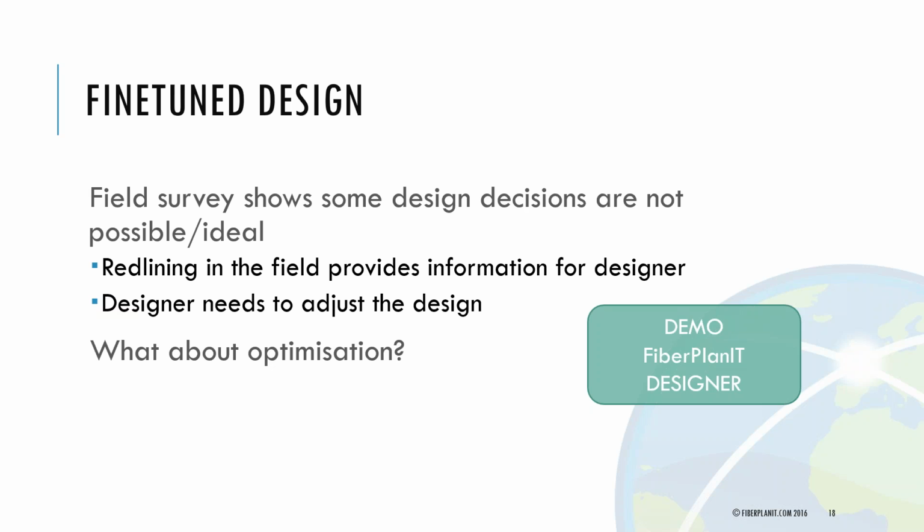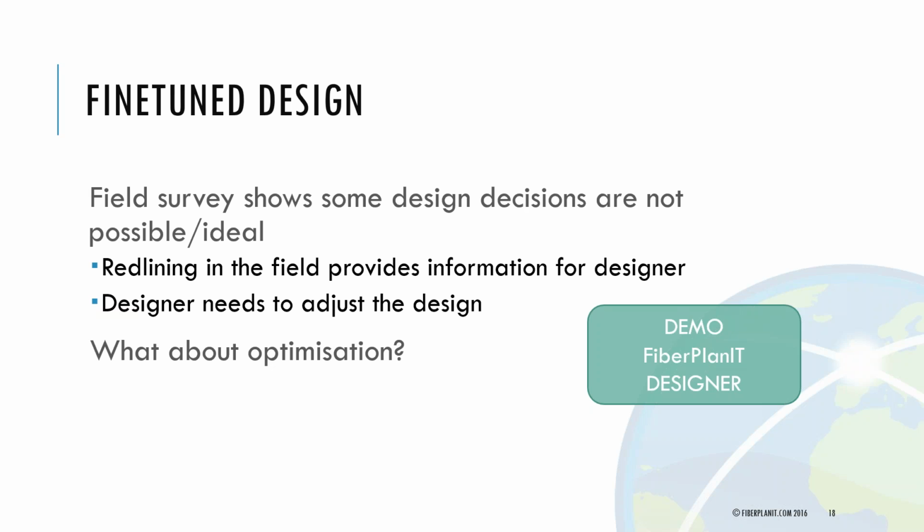So assume that you have taken your initial design to the field, done a field survey, and discovered that some design decisions that were made, so possible fiber concentration point locations, cabinet locations or trenching, were not possible or ideal, then you can input some redlining information so that you can provide information back to the designer, and then you can make your adjustments to your design.